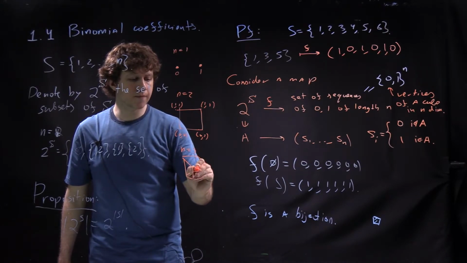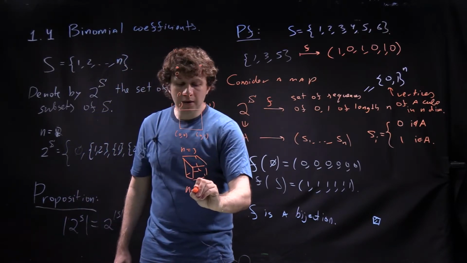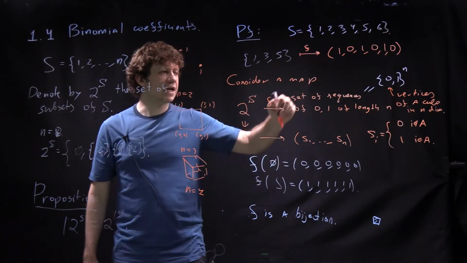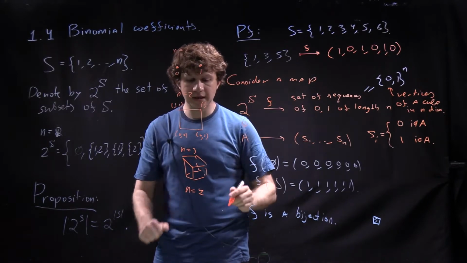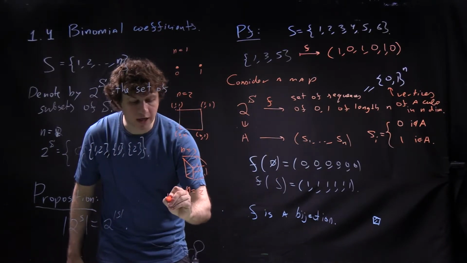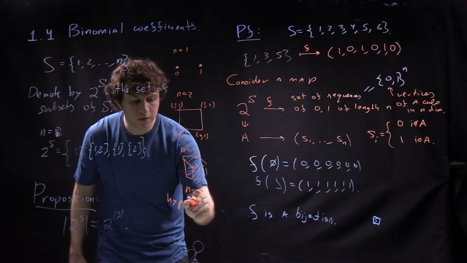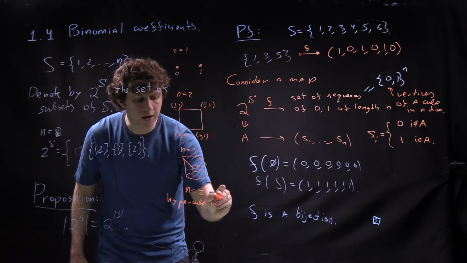For n equal to 4, the problem is that now I live in 4 dimensions. I have 4 indices, and so I get what's called a hypercube in R^4.